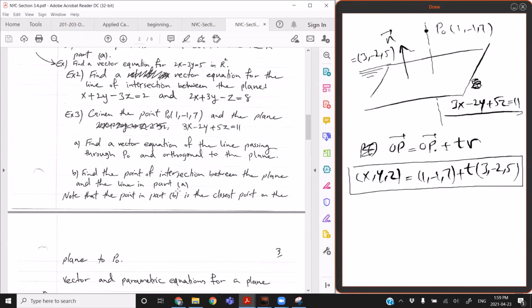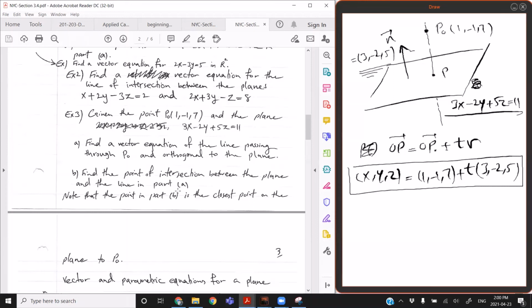And we were able to find an equation for the line that passes through the point P0 and is orthogonal to the plane. Do you agree that this point here, which I'm going to call P, the point of intersection between the line and the plane, is going to be the closest point on the plane to the given point?